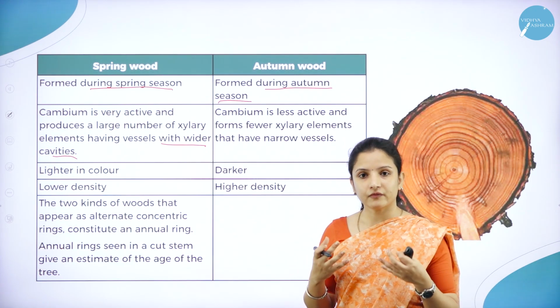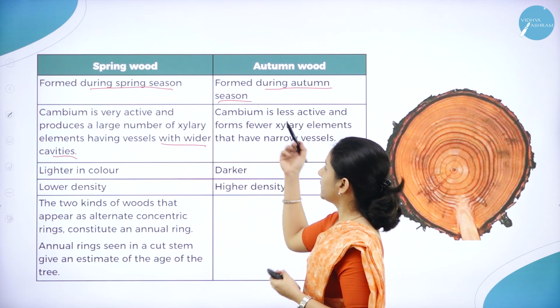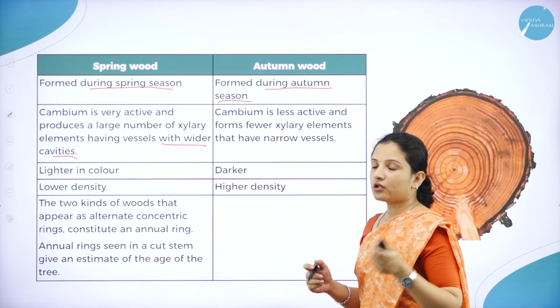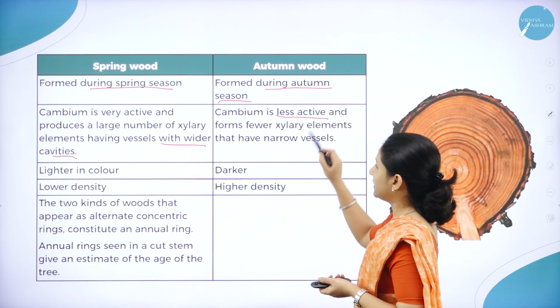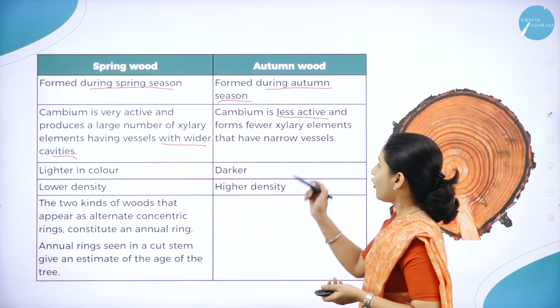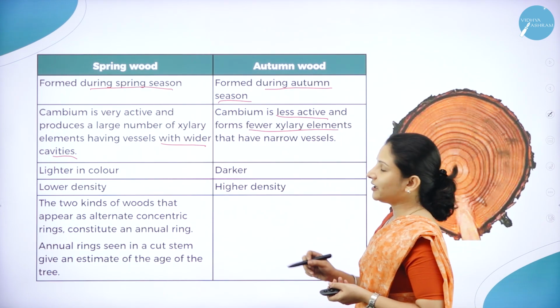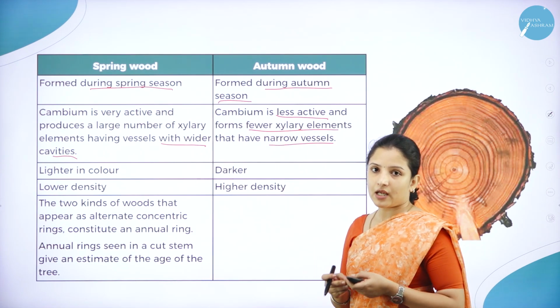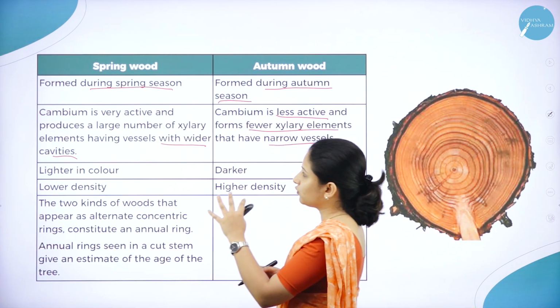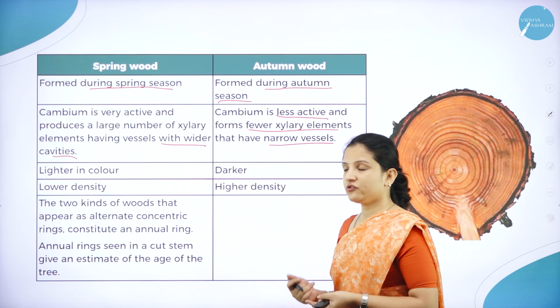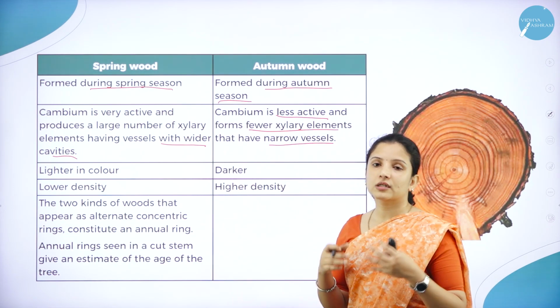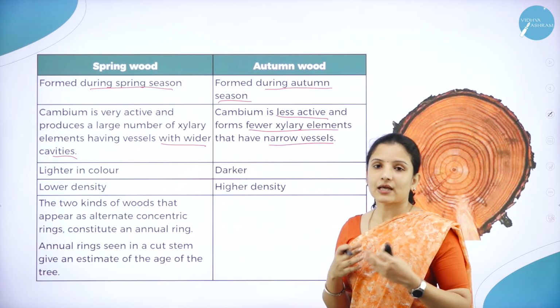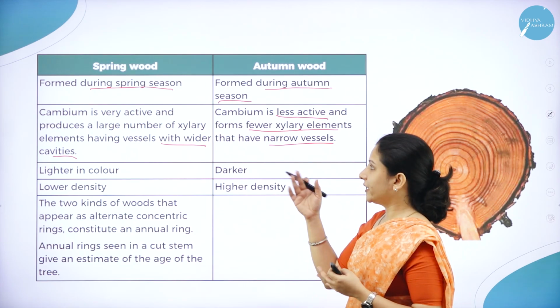But when we talk about the autumn wood, the cambium is very less active and it forms very few xylem elements. Therefore, the xylem vessels are very narrow. So, what happens in spring wood? The cambium is very active, but in the case of autumn wood, the cambium is less active when compared to the spring wood.